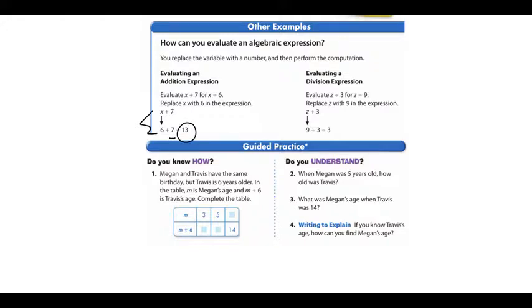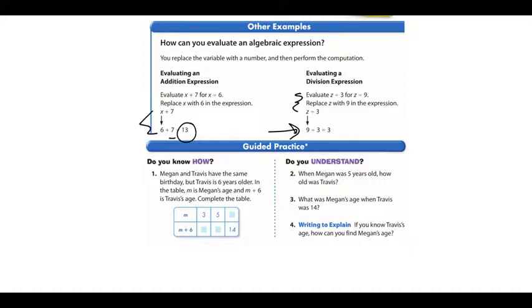Now we know the answer. Division, same thing. We evaluate z divided by 3, and we know that z equals 9. Swap out the 9 for the z, or I like to say plug it in. Now it's 9 divided by 3, and we can actually solve that to get 3.